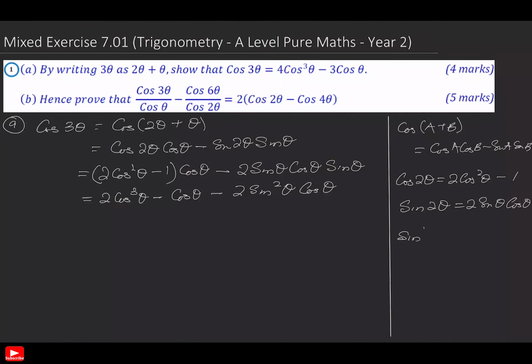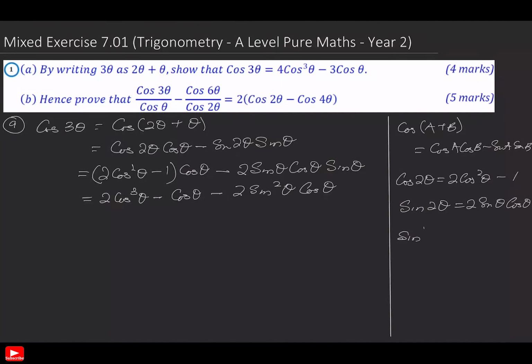And we're going to get 4 cos squared theta minus 4 cos squared 2 theta. We are going to use another identity to simplify this. That identity is cos 2 theta equals 2 cos squared theta minus 1.